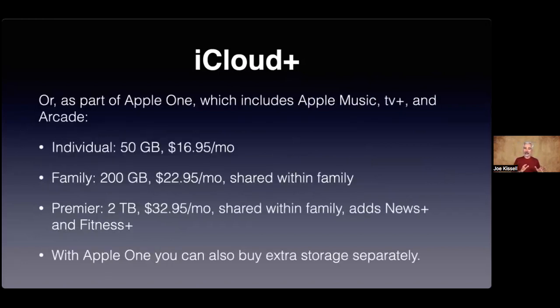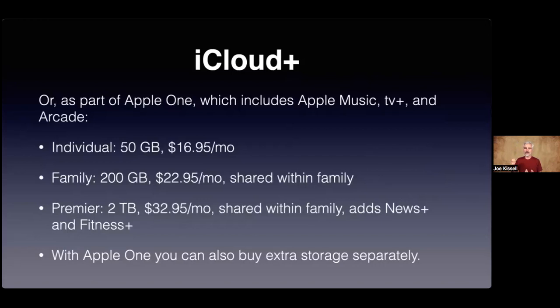Besides buying iCloud Plus as a standalone thing, you can also buy these Apple One bundles that include the extra storage and the other iCloud Plus features, yes, but also some other things like access to Apple Music and Apple News Plus and Apple TV Plus and Arcade and Apple Fitness Plus and so forth, depending on which tier you buy. So I've been on the Premier tier for my family because we use all those things.